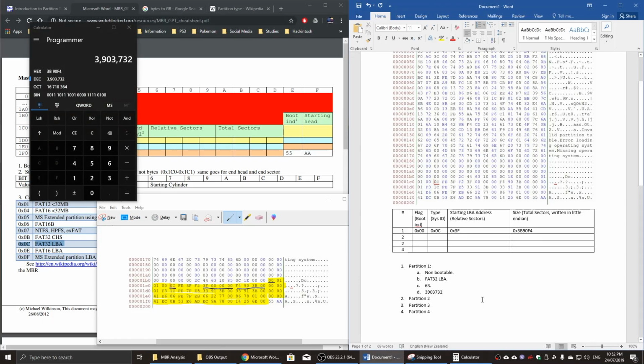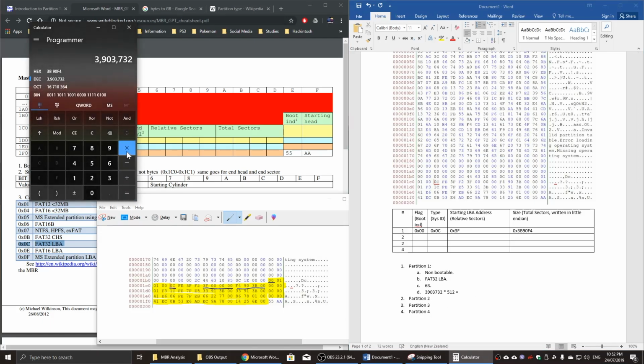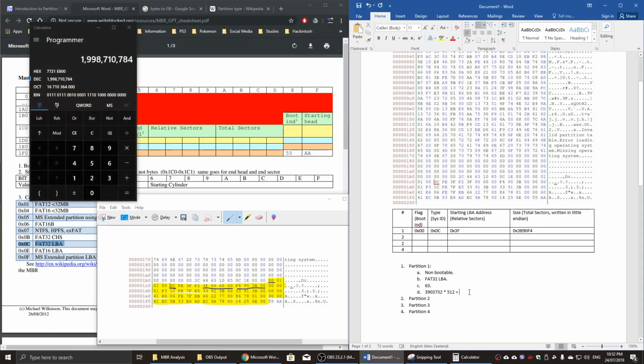And because the MBR is in 512 byte sectors, if we multiply this value by 512, we will get the actual representing value that we'll understand a bit more. So we take this value, multiply by 512, and that gives us that much, and that again is in bytes.